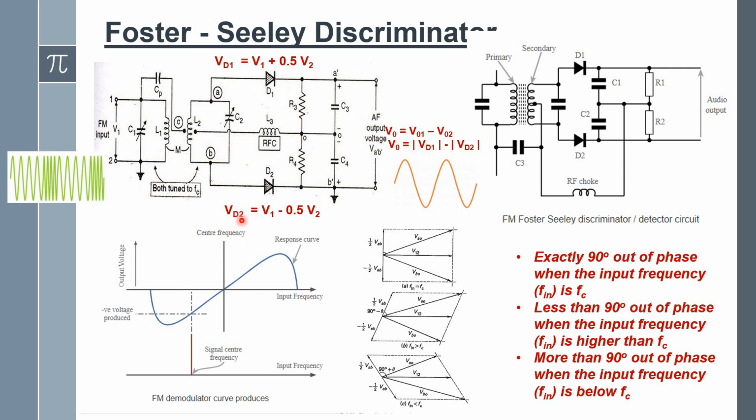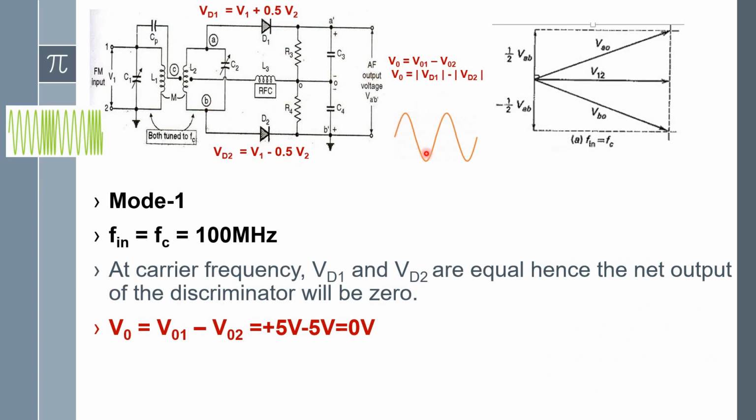In a similar manner, VBO is equal to V1 minus 0.5 V2. We add V1 because the primary voltage is directly connected to the secondary, and because of mutual induction in the transformer, you get 1/2 V2 and 1/2 V2, due to the center-tapped transformer. Now we will discuss this entire phase discriminator using three different modes of operation based on the input frequency, and how we get the message signal.